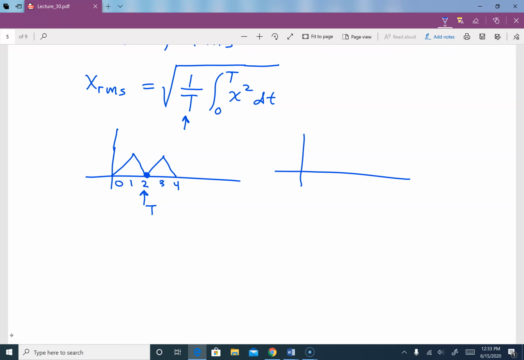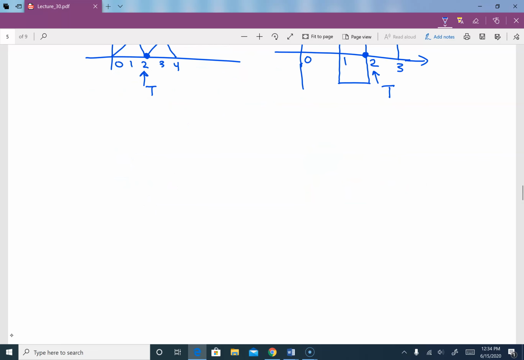If I have a function like this, this is 0, 1, 2, 3. If you look at this point over here where the function is going to repeat itself, that means this is our T. What about if we have a function like this?